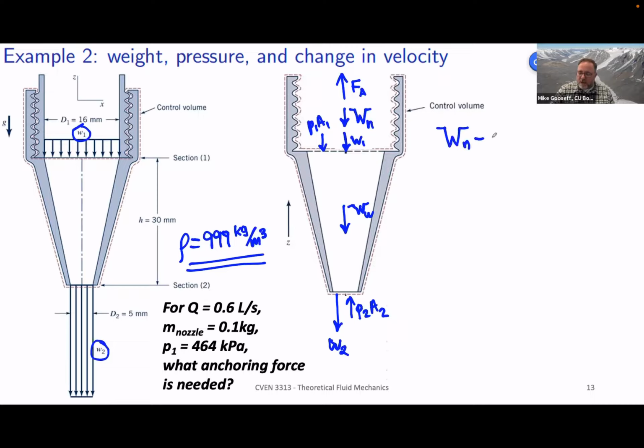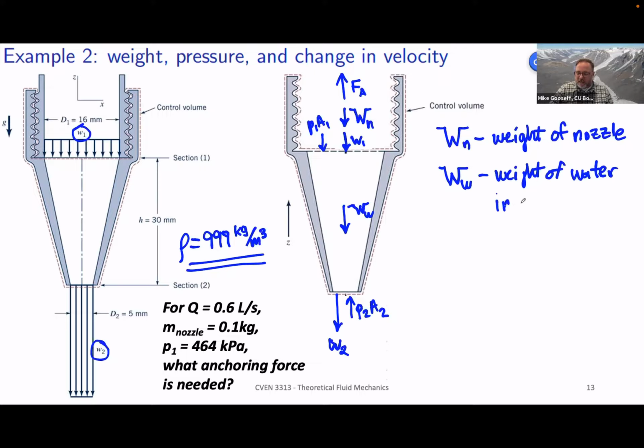WN was the weight of the nozzle. W sub W was the weight of the water that is technically in the control volume, but this is coincident with the nozzle, so I'm just going to say in the nozzle.